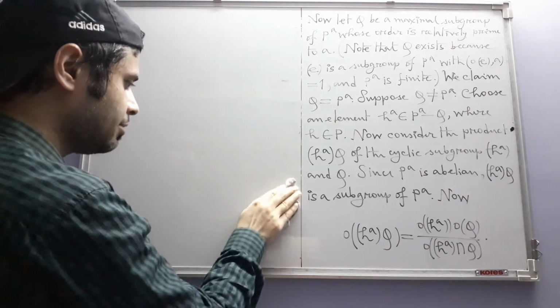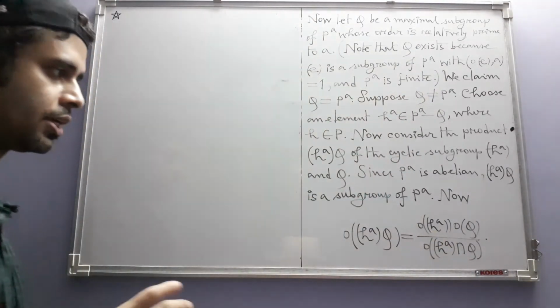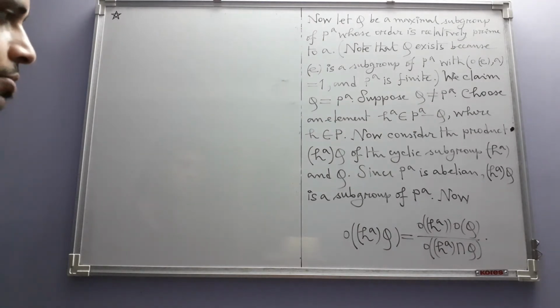Now, what do we get from this formula? Can we say something about this order that will follow as a consequence of this formula?